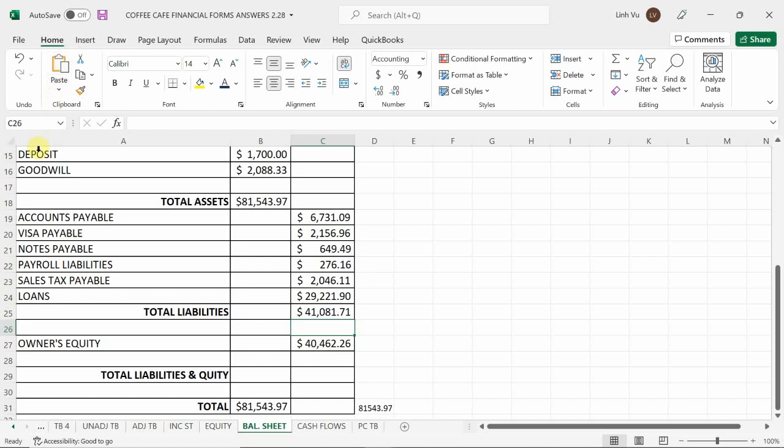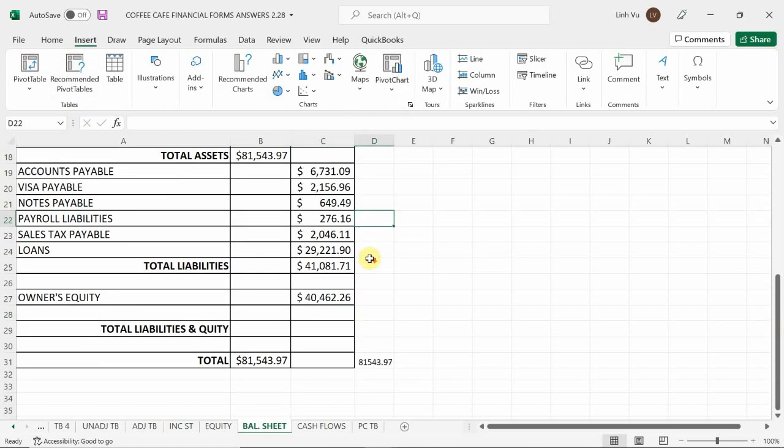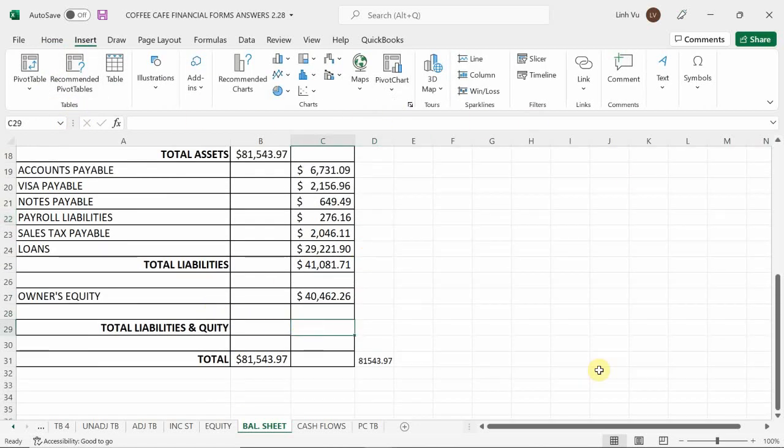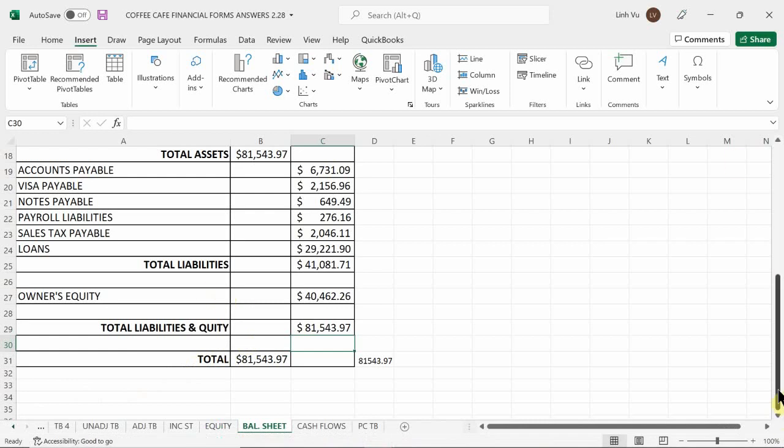And since I already had my owner's equity, I now add up my owner's equity plus my liabilities. That's the accounting equation. And I get $81,543.97. And guess what? It's even at $0.